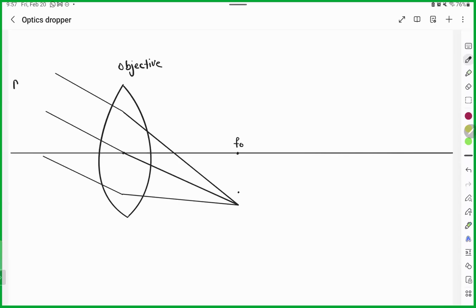So that's why you are getting parallel rays from object which is placed at infinite. Whenever object is placed at infinite, you know image formed at focus. Here you have f not focal length. Focus. Correct?